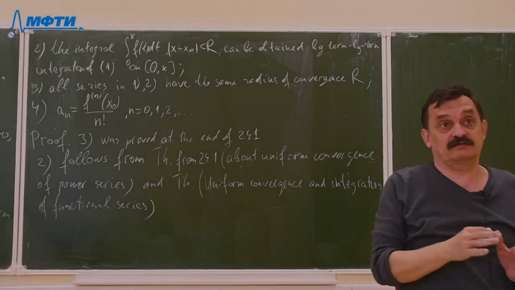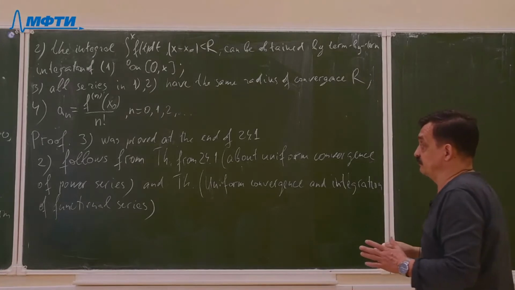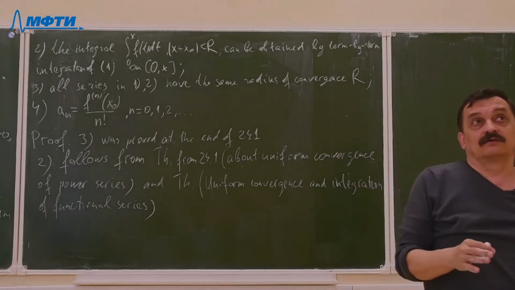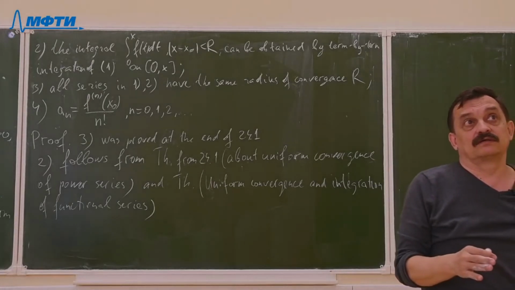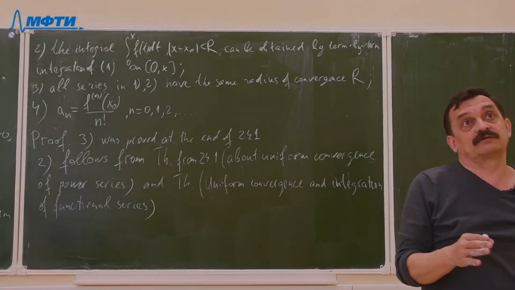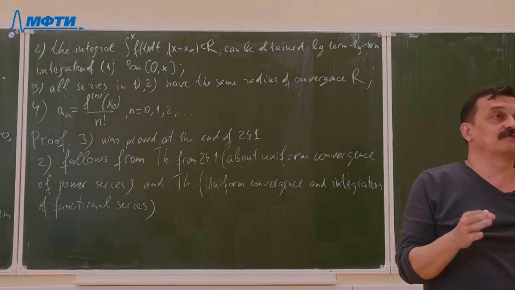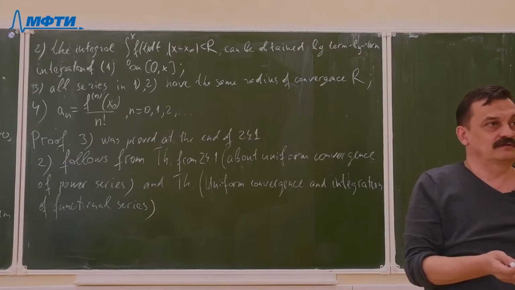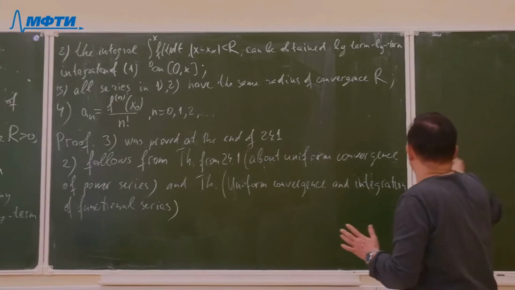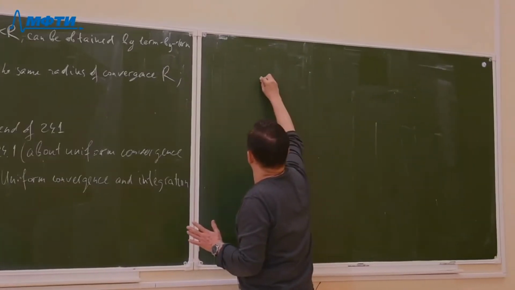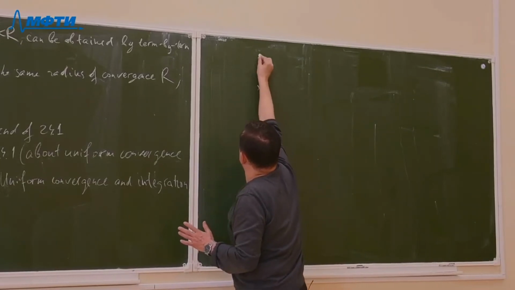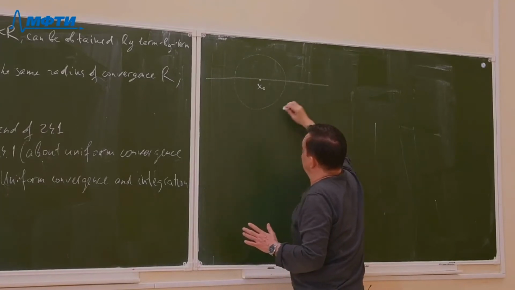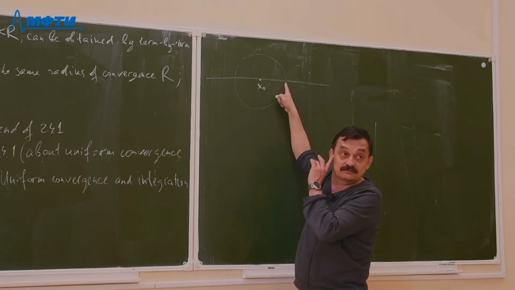In fact, it said this about uniform convergence inside the disk of convergence. But now we are interested only in real numbers.